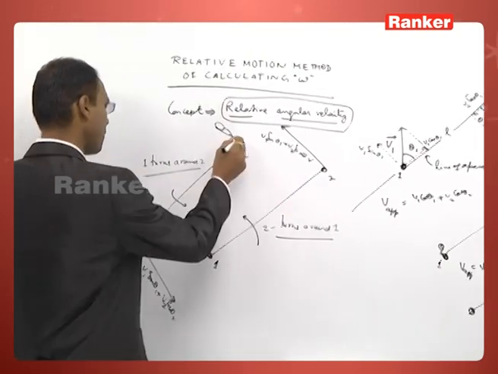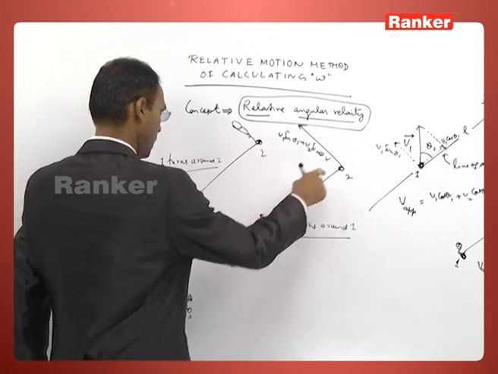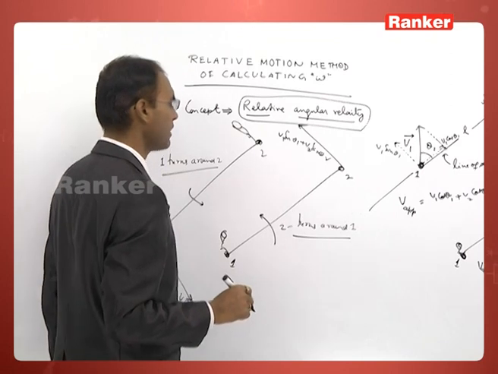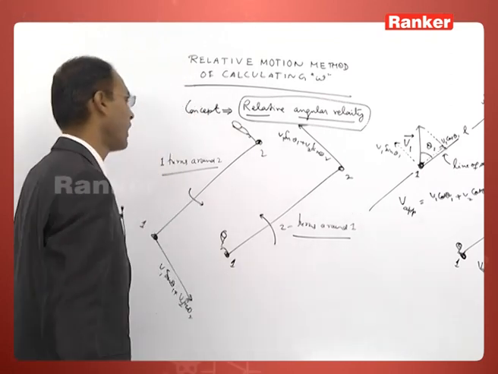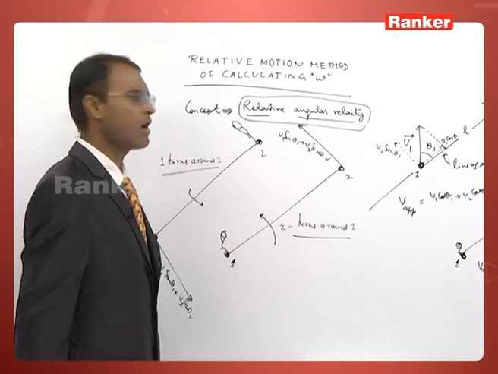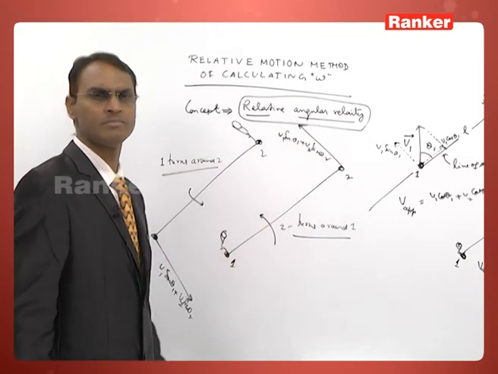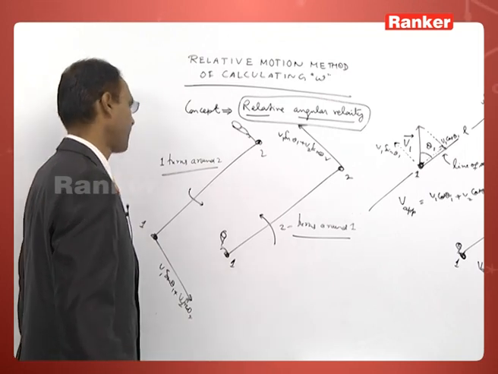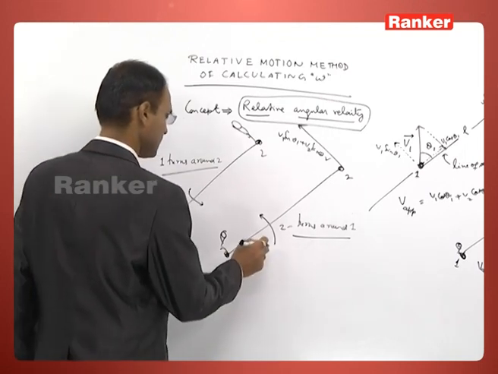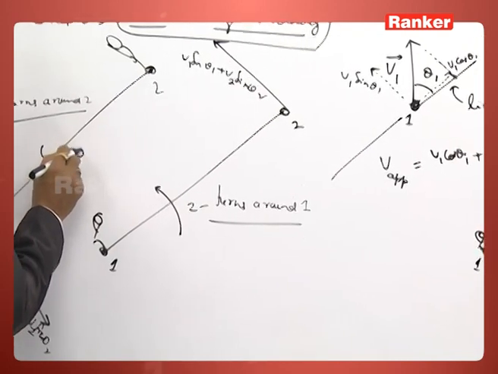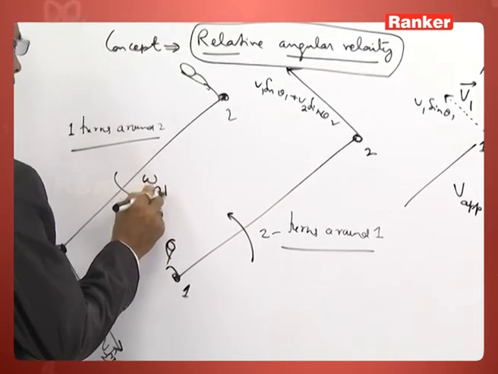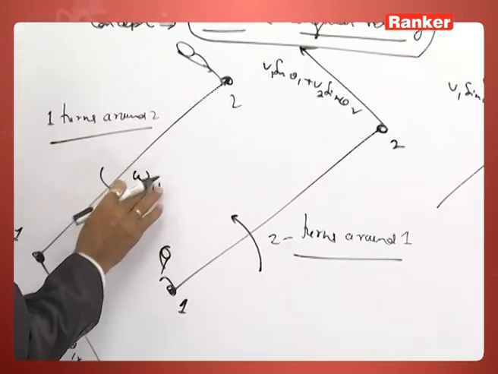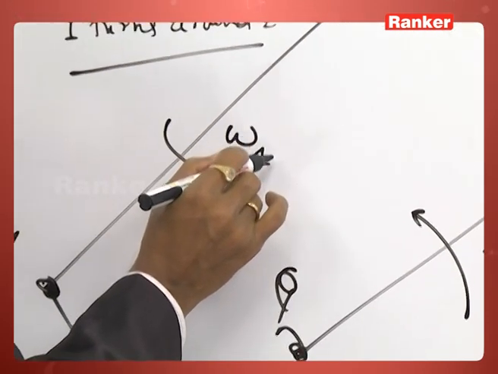Point 1 is turning around point 2. Point 2 is turning around point 1 with the same angular velocity. And that angular velocity is called relative angular velocity. Angular velocity of 1 with respect to 2 is given as omega 1 2.